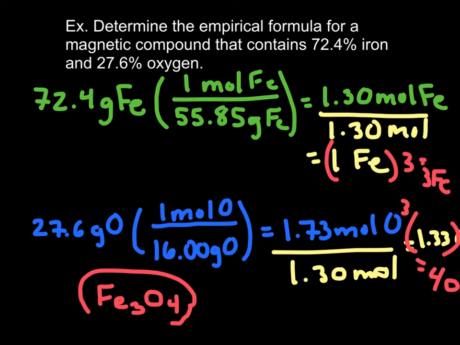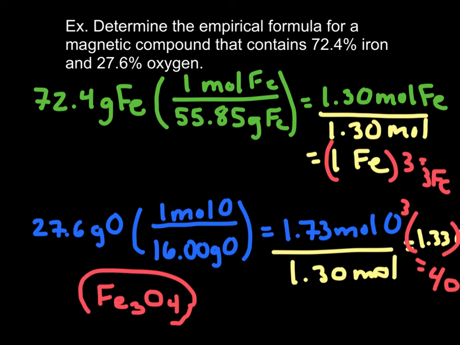Let's recap one more time what we did here, just to make sure you fully understand. We were first given 72.4% iron and 27.6% oxygen. Because we're given the percentages according to our rules, we are allowed to assume that we have a 100-gram sample. If we have a 100-gram sample, then 72.4 grams of it is made up of iron, and 27.6 grams of it is made up of oxygen.